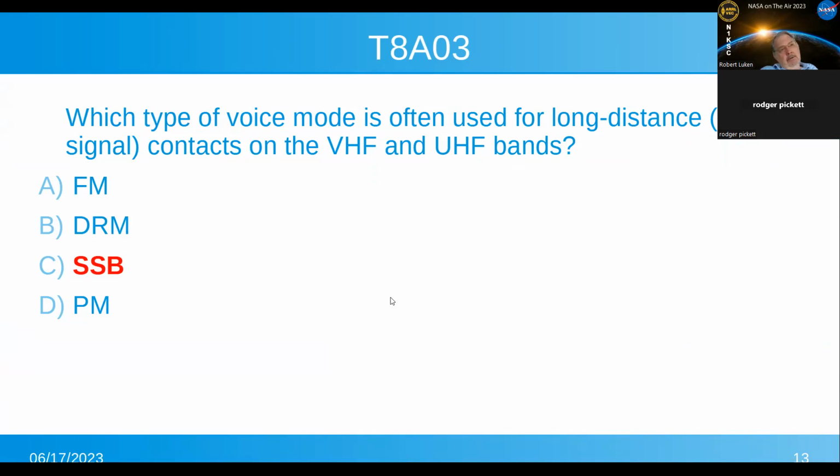Single sideband is 2.5 to 3 kilohertz. So it's much narrower bandwidth, which is why you get more energy per hertz, so you can get further.